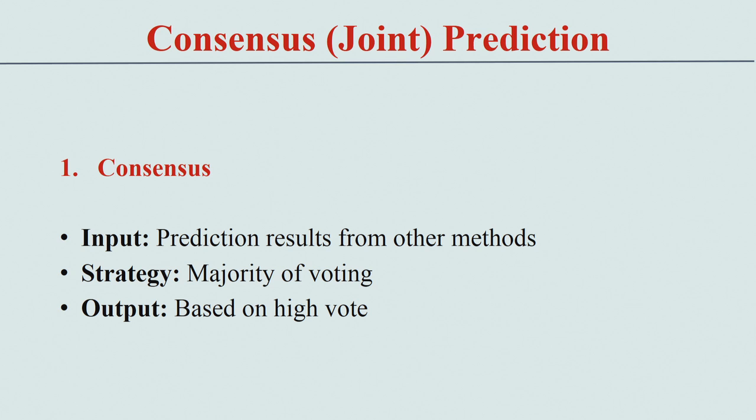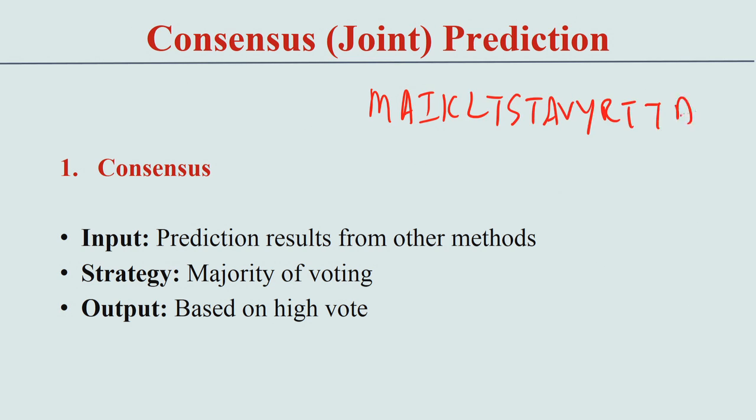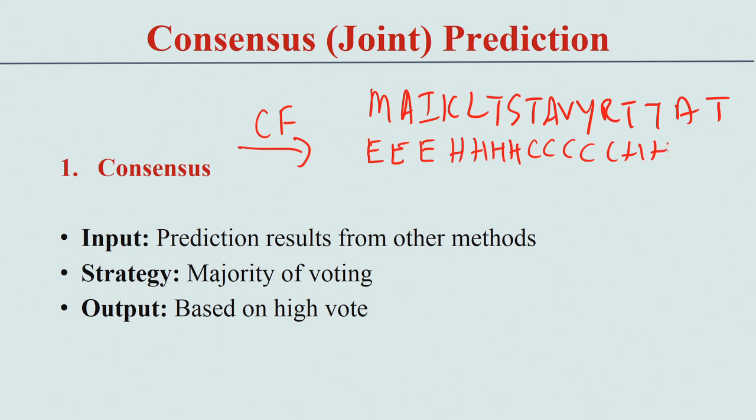For example, if we have one sequence here, we use GOR and you get the secondary structures. For example, this is E, E, E, H, H, H, H, C, C, C, C, C, H, H, H, H. Then we use another method and we get the secondary structures.